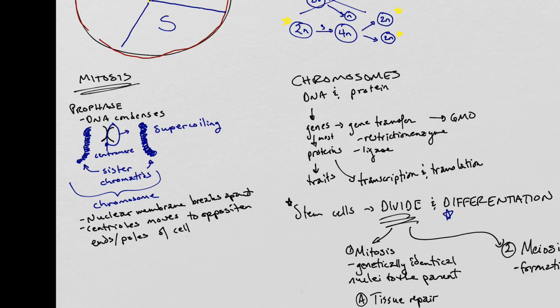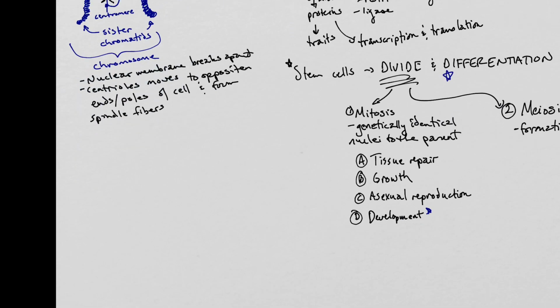And they start to form these things called spindle fibers. Now, the spindle fibers are kind of like the fishing line that are going to be used to pull these chromosomes apart from one another, the chromosomes being the fish, if these are the fishing lines. That's the hardest phase to remember everything for.